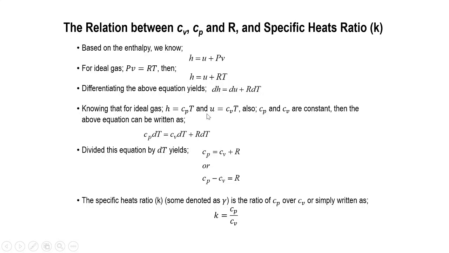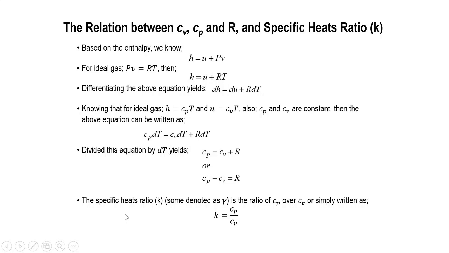Knowing that for ideal gas, enthalpy is CpT and internal energy is CvT, and also your Cp and Cv are constant, then the equation can be rewritten as Cp dT equals Cv dT plus R dT. Divide the equation by dT, we get Cp equals Cv plus R, or Cp minus Cv is equivalent to R, the gas constant.